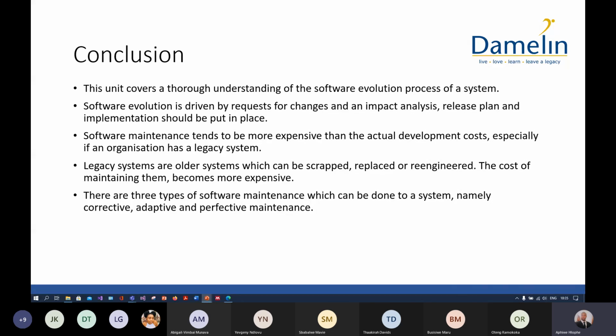We define legacy systems as older systems which can be scrapped, replaced, or re-engineered. The cost of maintaining them becomes more expensive. There are three types of software maintenance which can be done to a system, namely corrective, adaptive, and perfective maintenance. Okay, so that is Unit 9 covering software evolution.